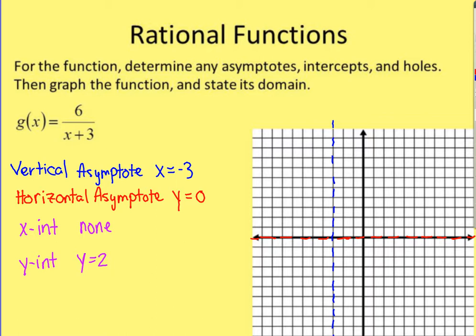So if we go ahead and graph our y-intercept onto our graph, we're just going to go up to 2 and put a dot. Next, it says to look for any holes. You only have a hole if you have a factor that's the same on the numerator and the denominator. So in this case, there are no holes.